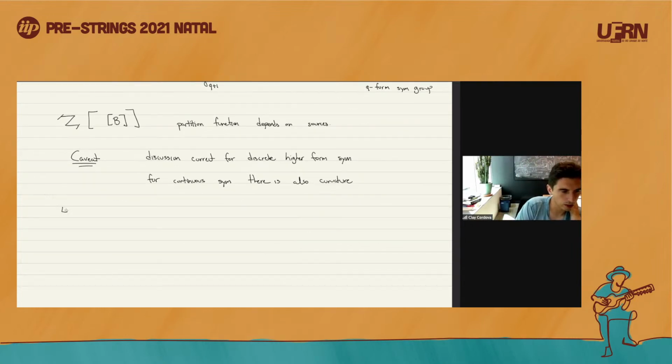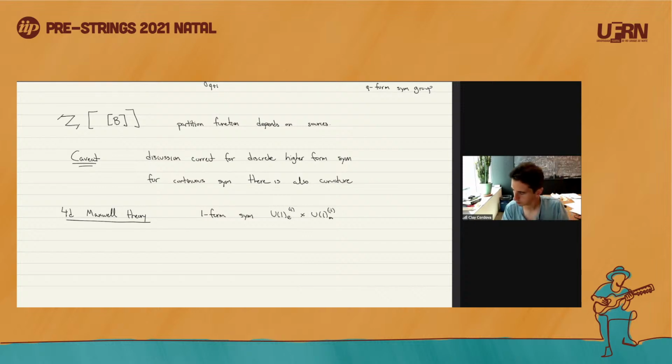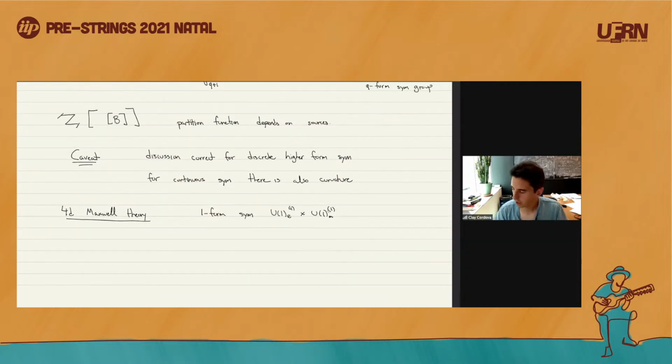So let's do 4D Maxwell again. Remember, we had this one form symmetry, which was U(1) electric one times U(1) magnetic one. And there was a current here, the current was F_{μν}, and here the current was star F_{μν}.